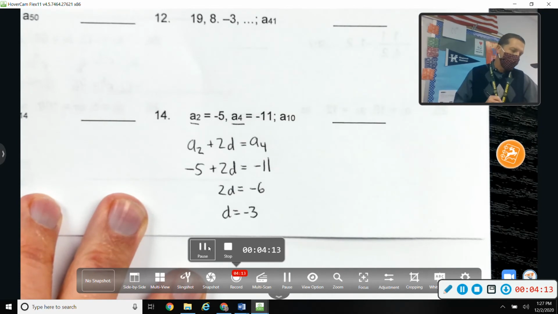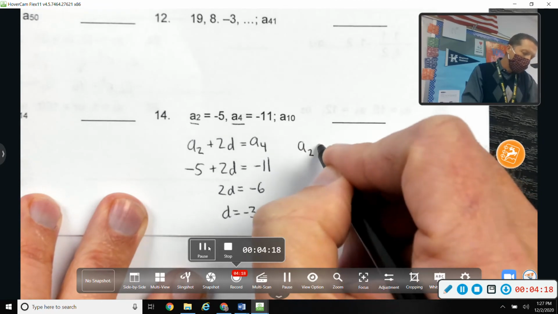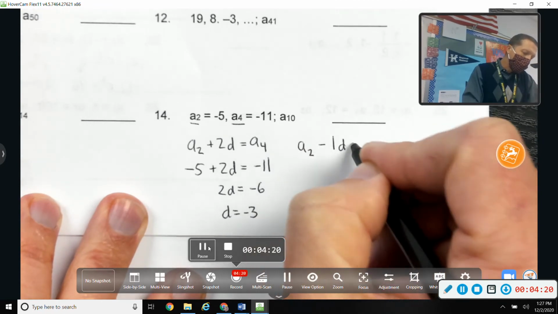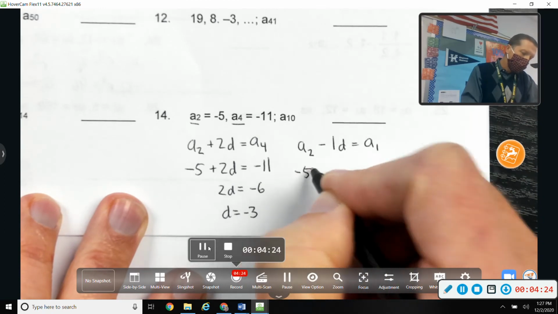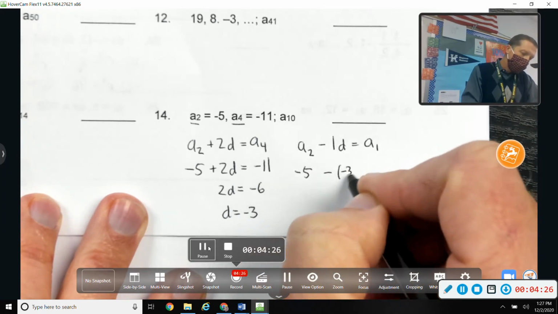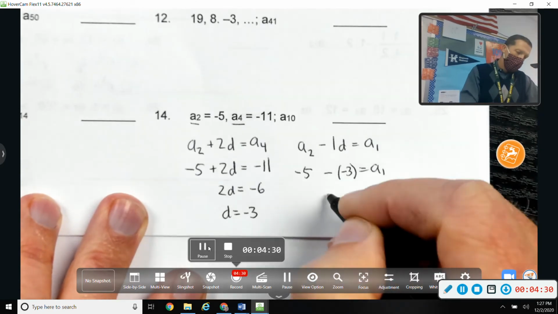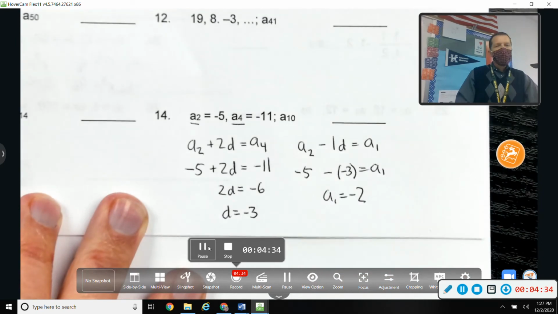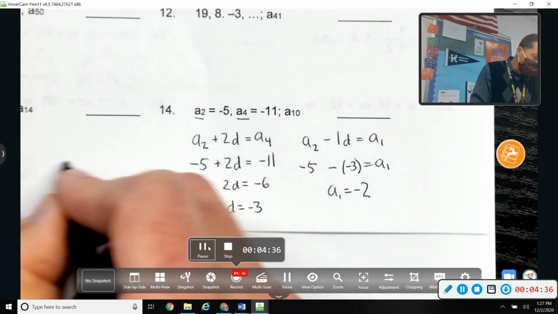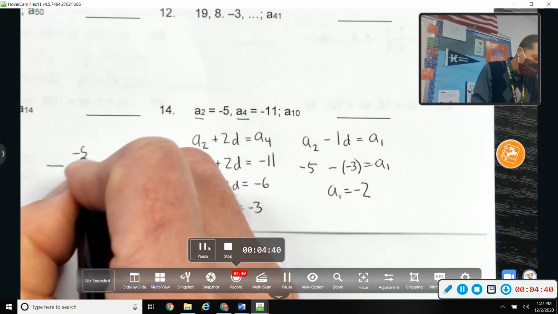So I need A1, so I need to back up. So A2, back up 1 step, should get me to A1. So negative 5 minus negative 3. So A1 is negative 2. Again, if that feels weird, then there's nothing wrong with kind of laying out the terms and seeing what goes where.